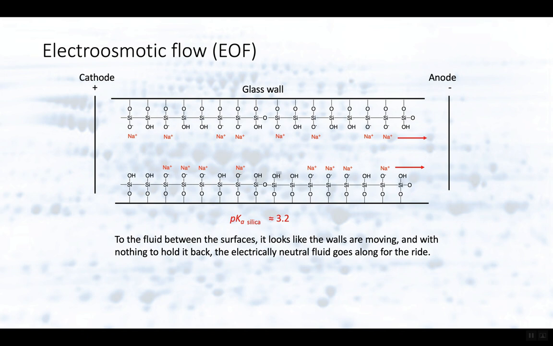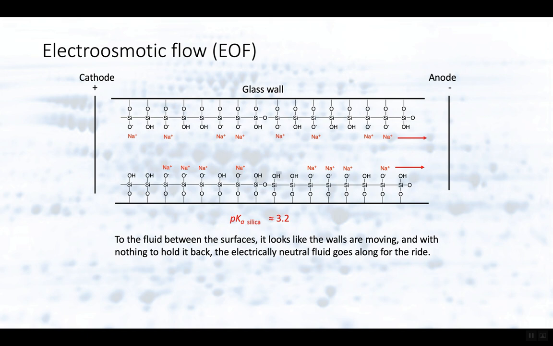For those of you who have done these kinds of separations, gel electrophoretic separations, one of the reasons for adding that gel is it provides a matrix that inhibits the movement of the electrolyte when the Debye layer starts moving. Okay, it's really a cool process. But the fluid goes along for the ride.